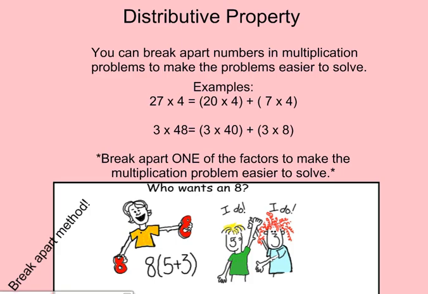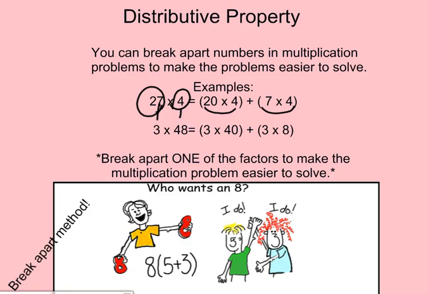Okay? So one way to look at it with regular numbers is like taking 27 times 4. You can take the 27 and you can distribute it, which means you can take the 20 out and do 20 times 4, and you can pull the 7 out and do 7 times 4, and you'll get the same answer.